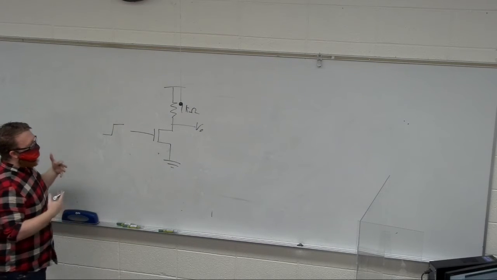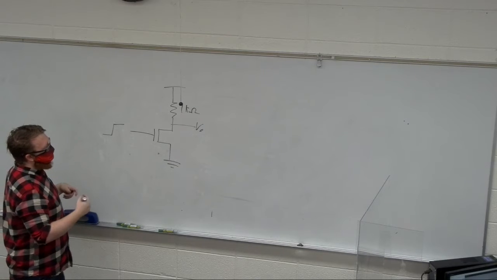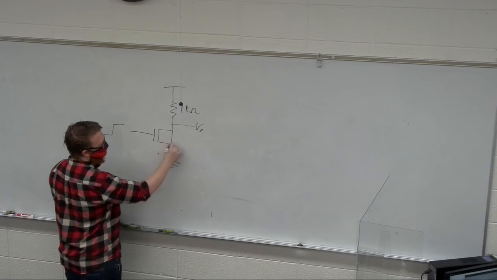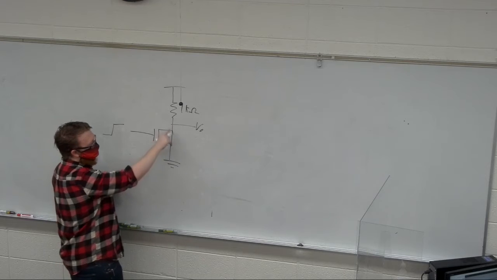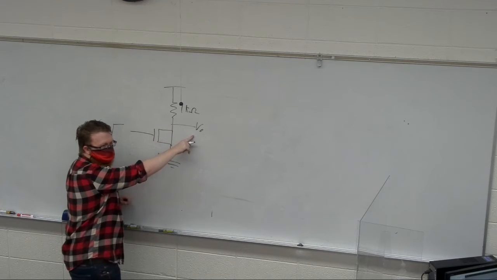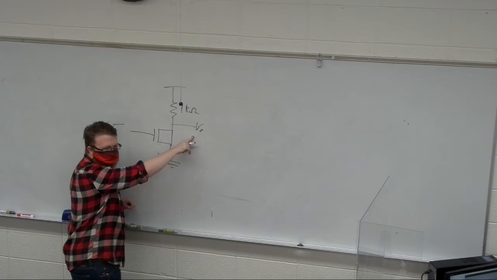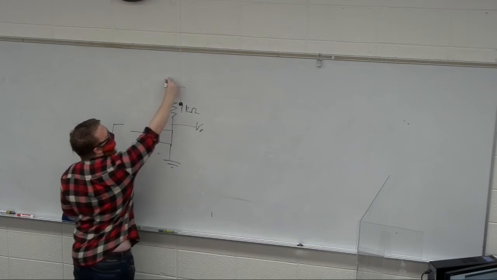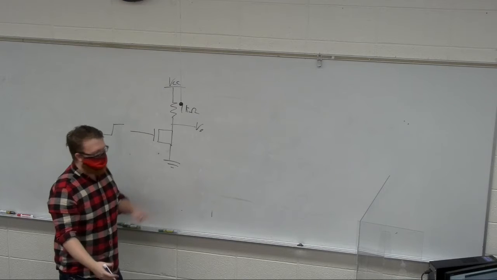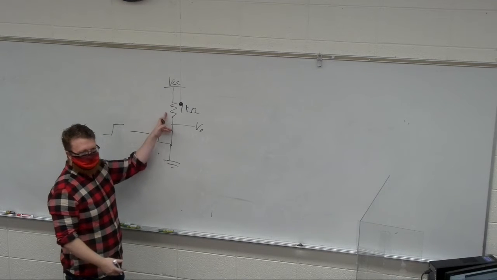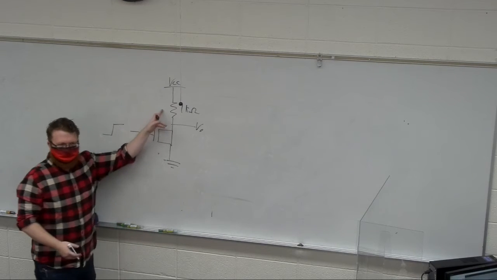If you have the switch on, this is connected, and power flows through here, so any time that the V out is 0, I have what we would call static power consumption, because the current has to flow from VCC to ground constantly, because this isn't a switch as well. So I want this to be kind of big.